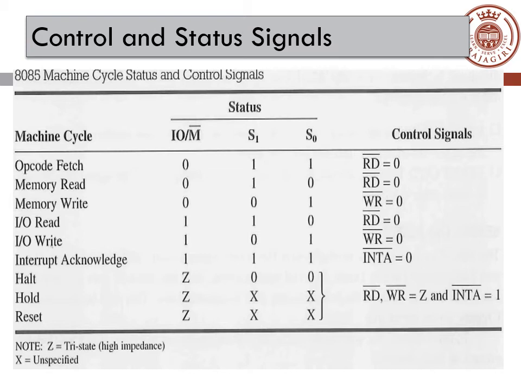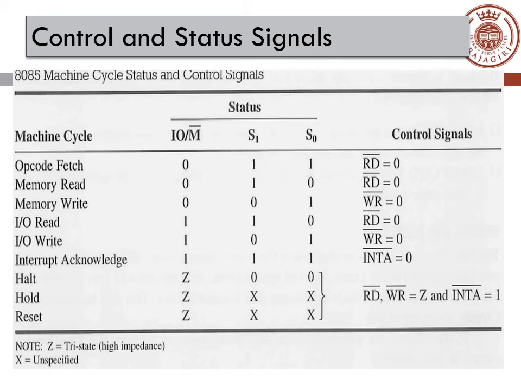So in order to differentiate whether you are going to do an opcode fetch or a memory read, in both cases you are reading from the memory, but the first case is known as opcode fetch. So in order to differentiate that, you are using the status signals S1 and S0. If those values are 1 1, and the IO bar M bar signal is 0, it means that you are going to do an opcode fetch.